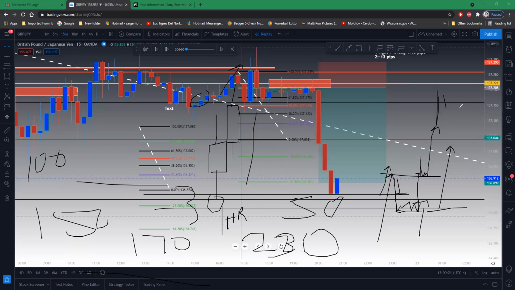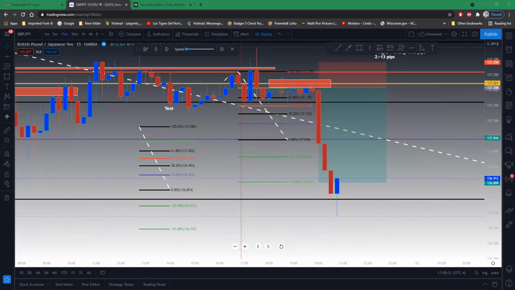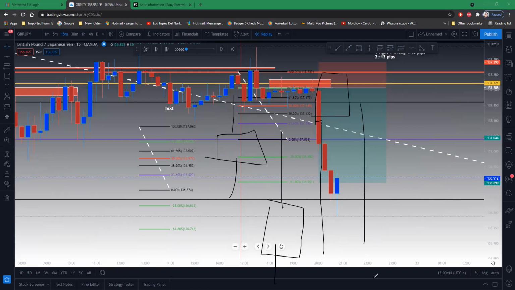Daily, 200. But again, I'm not saying it's not possible, just saying it's harder for daily because sometimes it'll close like this, and then the next candle just goes boop. Then the next candle goes boop. Then the next candle boop.